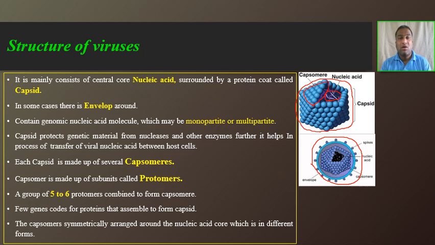On the basis of the symmetrical arrangement of the capsomers on the body of the virus, we will see different types of symmetry of the capsomers on the entire body of the virus in the next lecture.